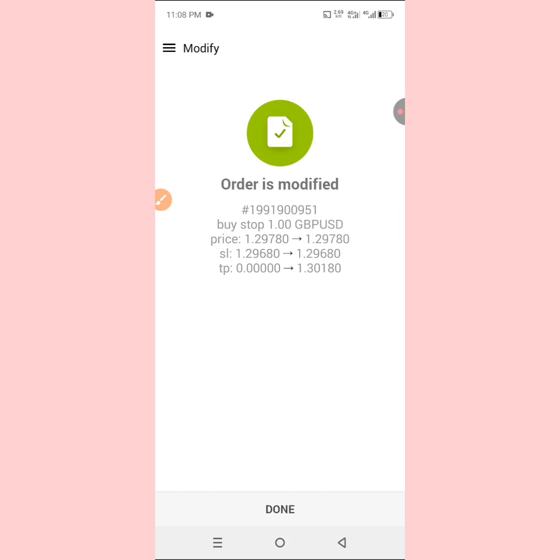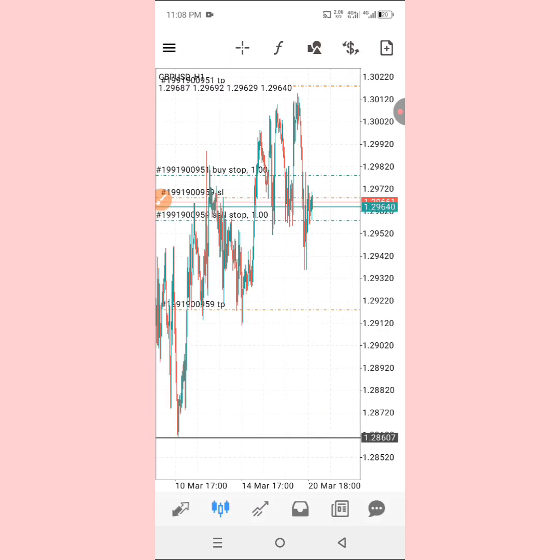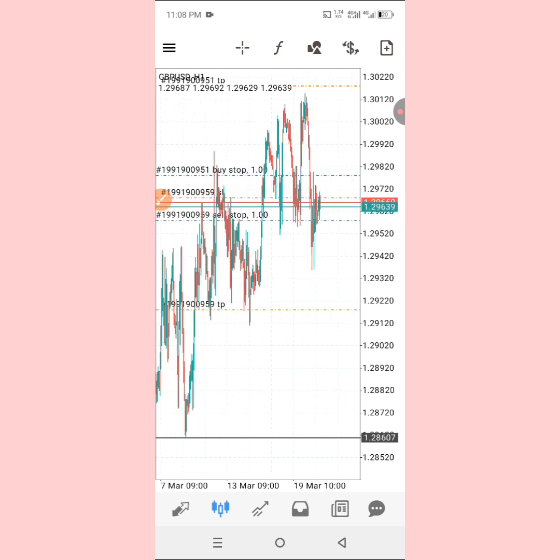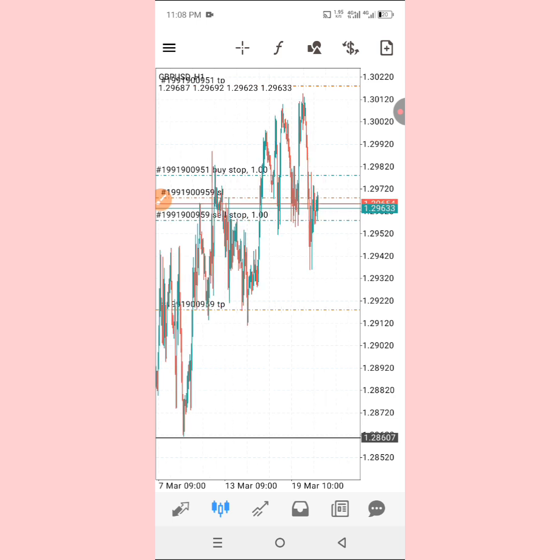Modify. So guys, as you can see, this is how it plays. Whichever triggers, it's a matter of seconds. The market can just hit the TP in less than 5 seconds. That is how the strategy works for very high impact news.